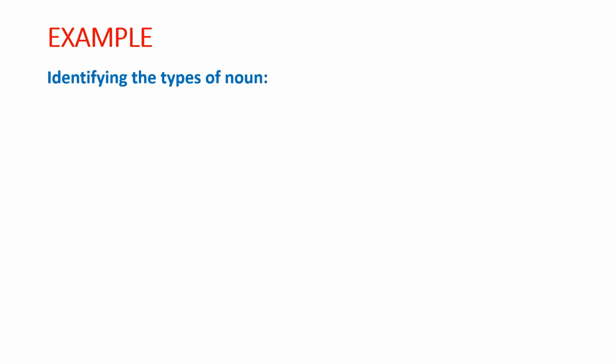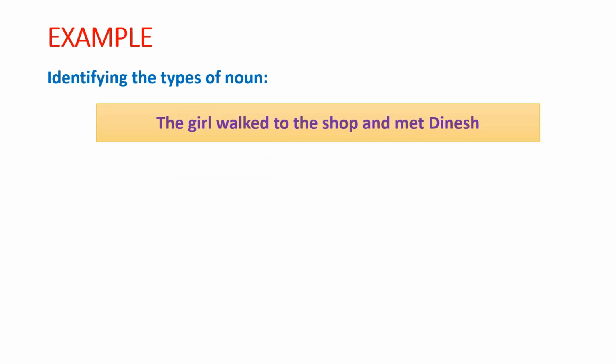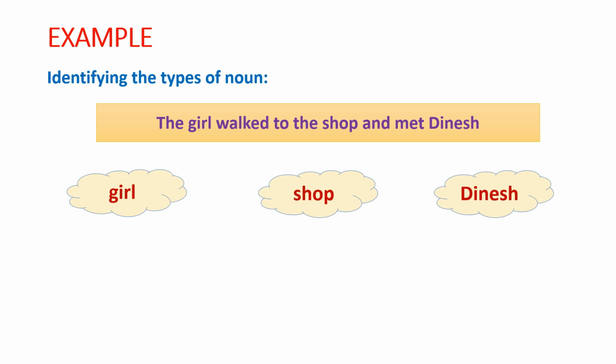Next, we will see an example. We have to identify the types of noun. The sentence is, the girl walked to the shop and met Dinesh. In this sentence, first we will identify the nouns. Girl, shop and Dinesh. These are all nouns. Next, we will identify the types of noun.